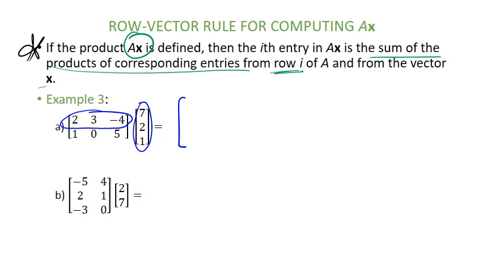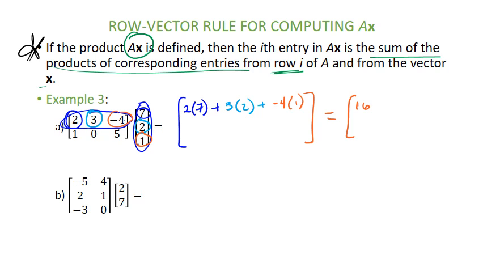So what we would do is take this first entry times the first entry, plus this times this, plus this times this. And if you calculate this, you will get 16.